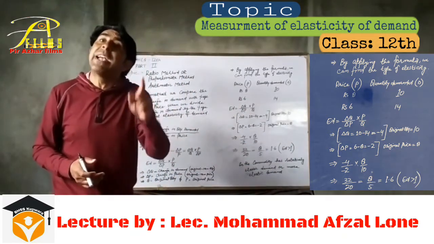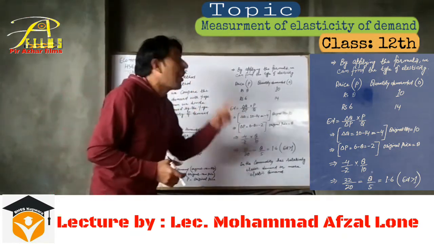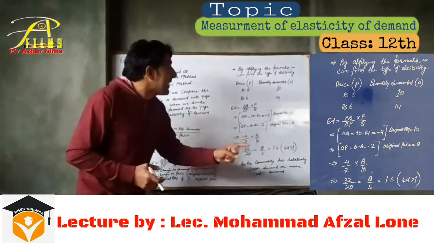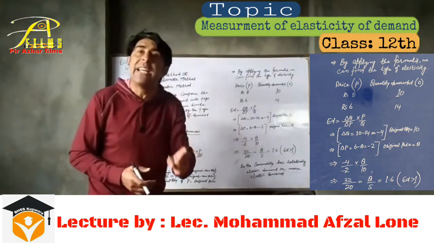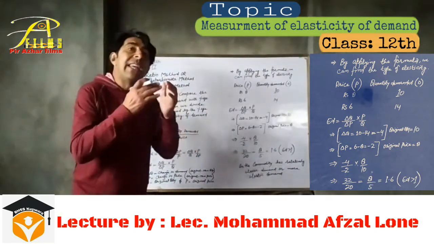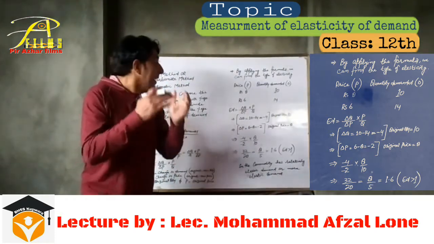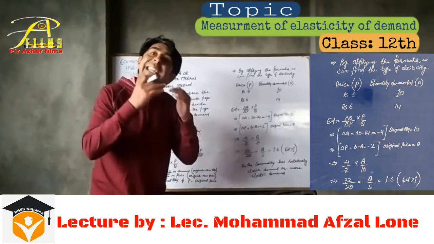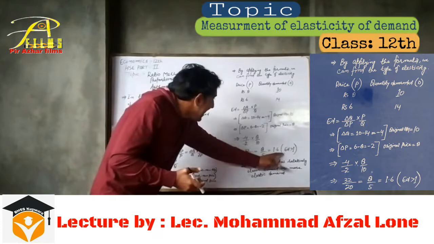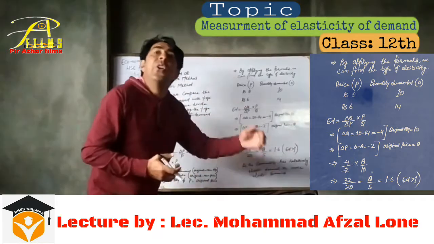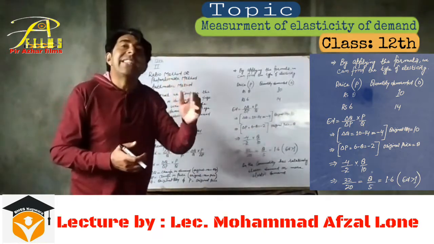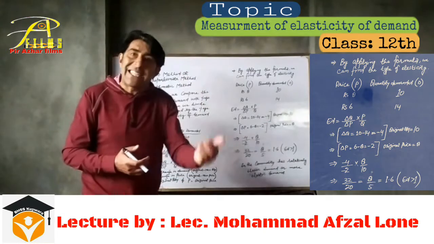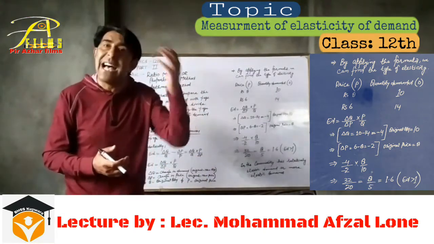When it is 1.6, elasticity of demand is greater than 1, greater than unity. When elasticity of demand is greater than 1, it is relatively elastic, more elastic, highly elastic.